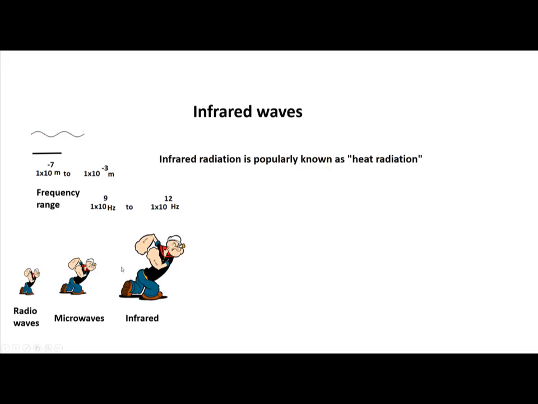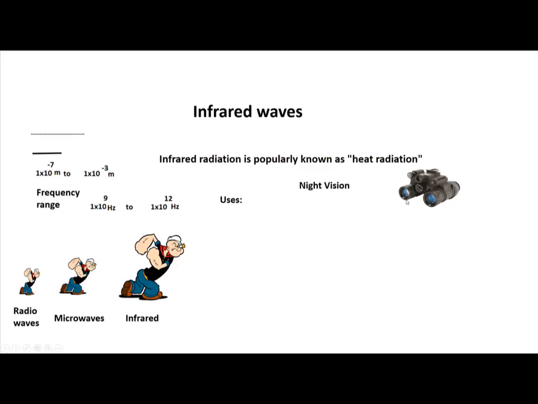We're going to look at the uses of infrared waves. The first type of application would probably be in night vision. You probably have heard of night vision goggles, night vision telescopes, and these are instruments that allow us to see at night. This is probably an image of night vision binoculars or goggles.